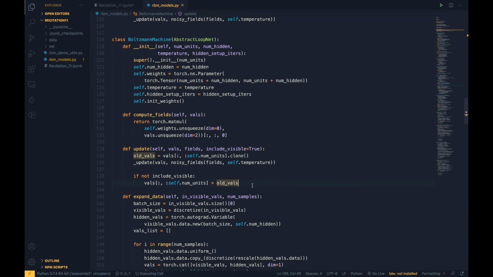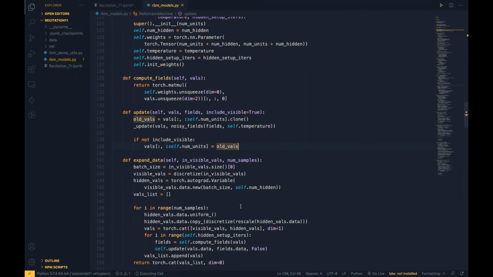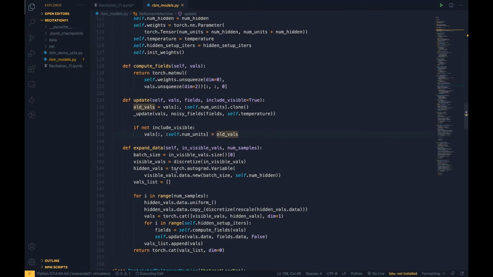Okay, so I'm going to explain the expand data. What this function does is basically generate hidden units from the visible units. So we are going to take the visible values. The in here does not mean invisible. This is visible units.